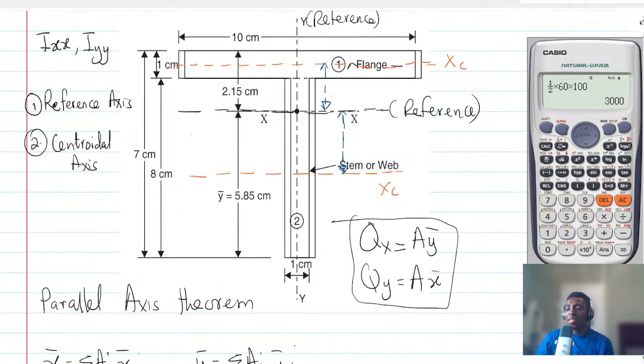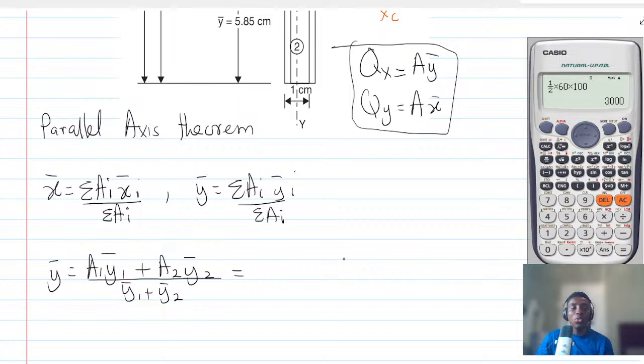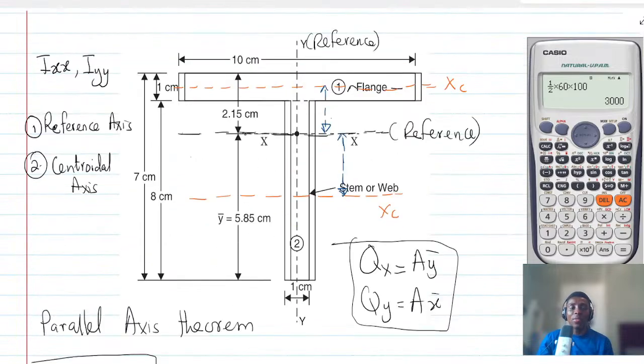So who can tell us the reason why we will not use x bar? This is because if you look at the diagram carefully, you can see that the y axis divides the area exactly into two. So since the y axis divides the area exactly into two, the x bar of this figure is actually 0.